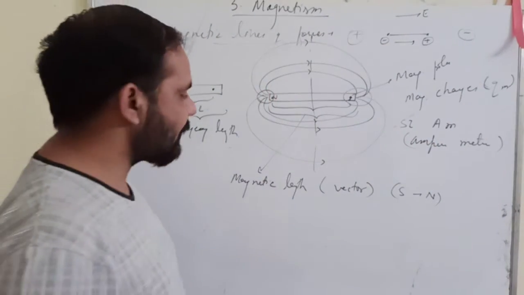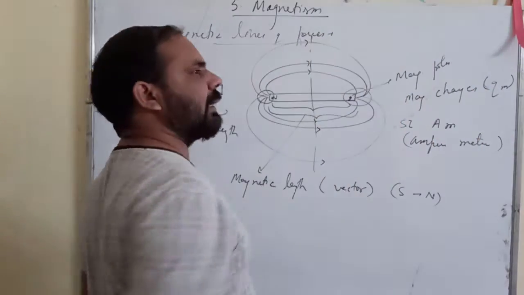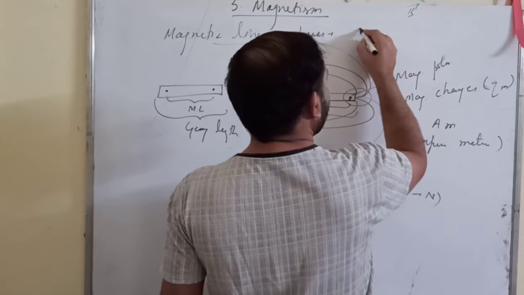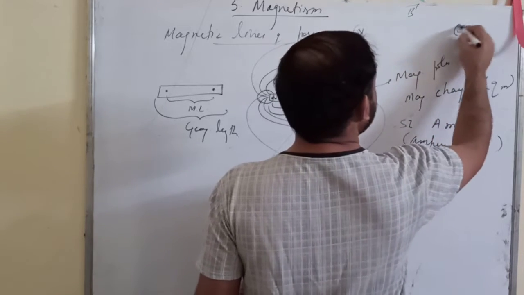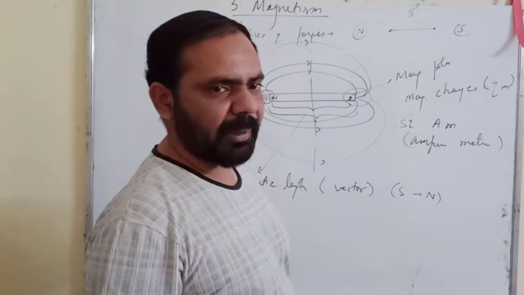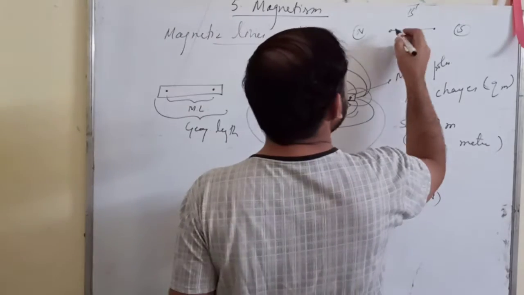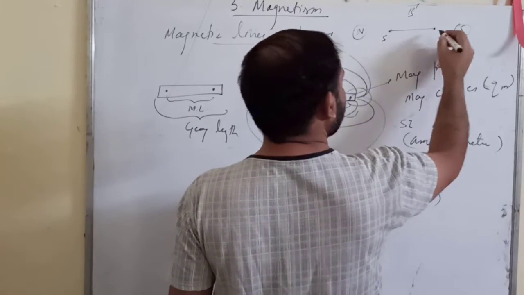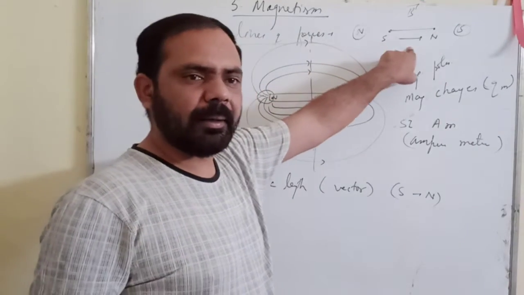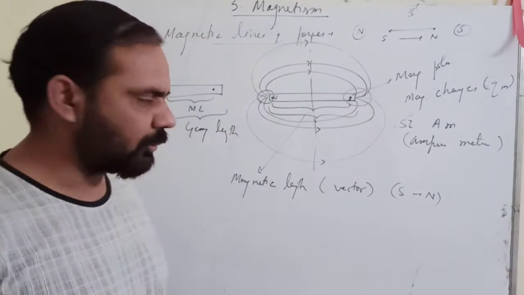Similarly, if you place a magnetic dipole inside a magnetic field, it will acquire stable equilibrium. Suppose you have a magnetic field, so here should be north and here should be south. The dipole will be in stable equilibrium when you have south here and north here. So the direction of the length of the magnetic dipole is from south to north.